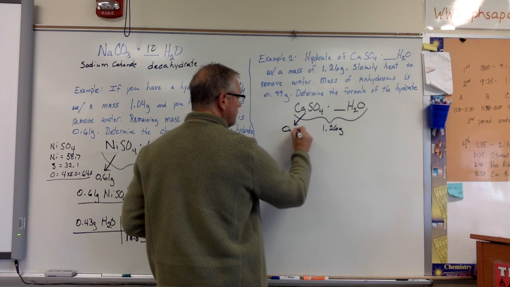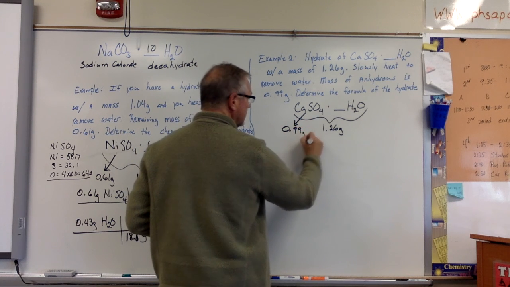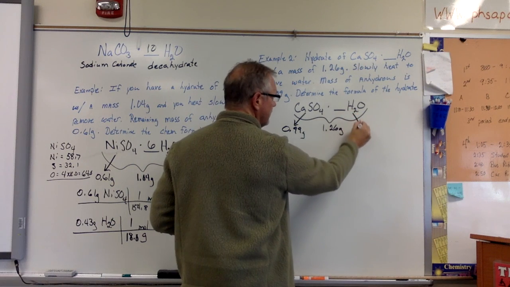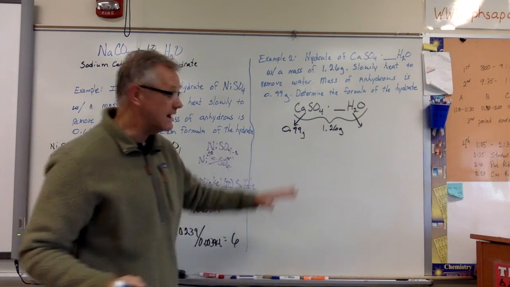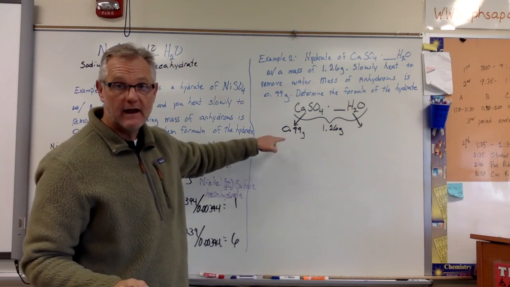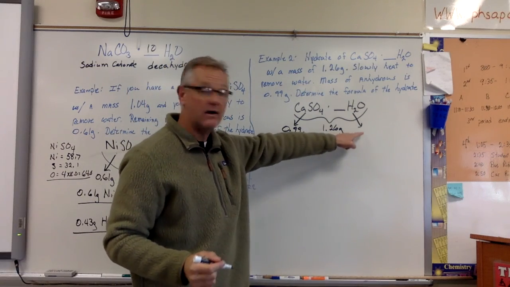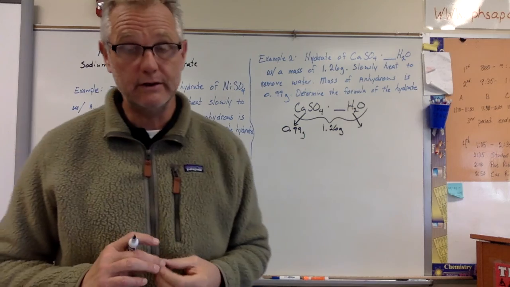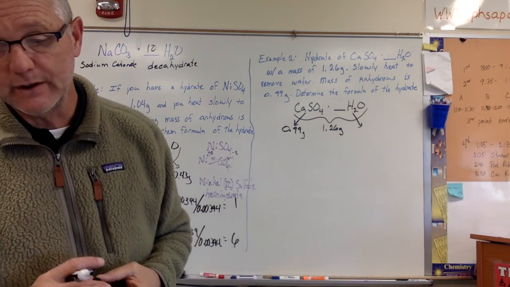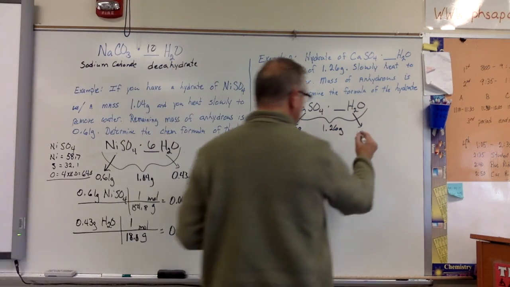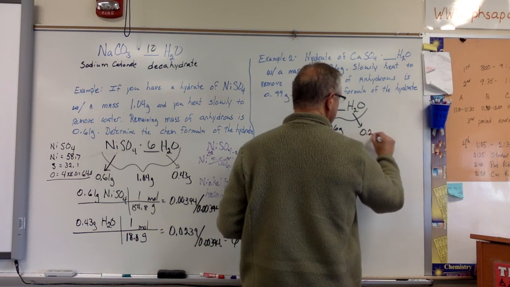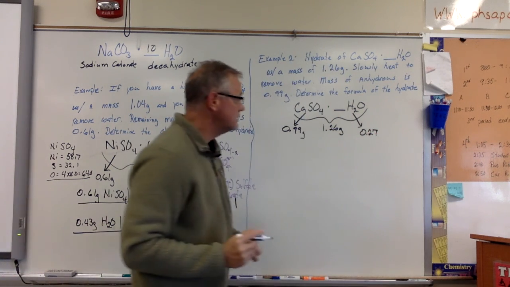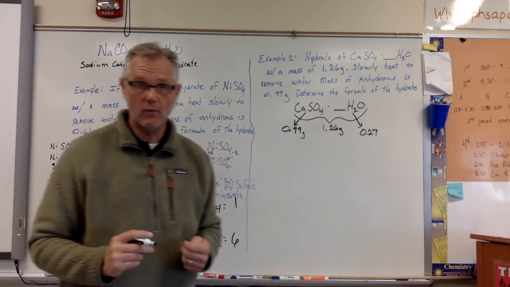It's going to be 0.99 grams. Well, if I know that's the total mass and I know that's part of it, then I'm going to have some number that I add to the 0.99 that will give me the 1.26. And that is going to be 0.27. So that is going to be the mass of the water.